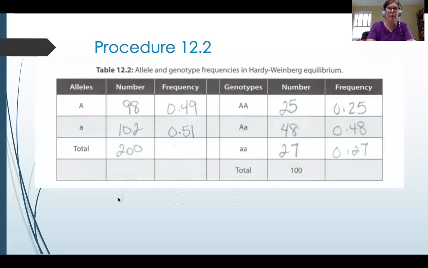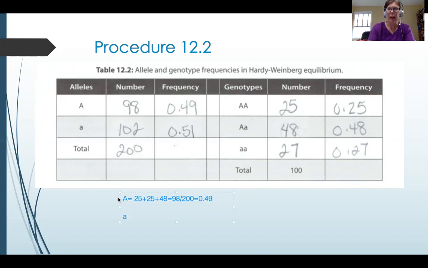For big A, remember we had 25, but we have 2 of them, so that's 2 big A's. Then the heterozygous has 1, and we have 48 of those. We add those up, and that gives me 98. Then I take my 98 divided by 200, and that gives me my 0.49 for my frequency.